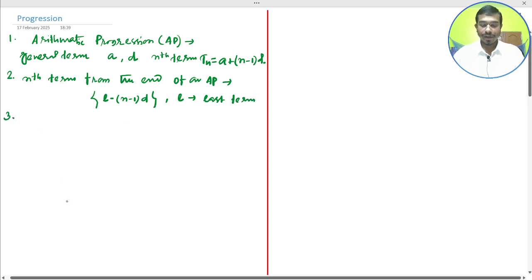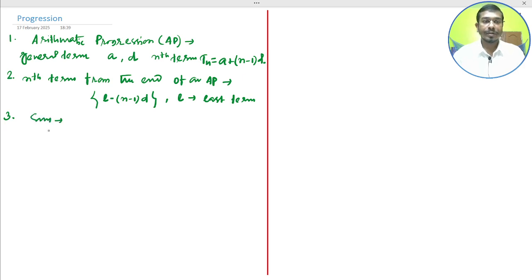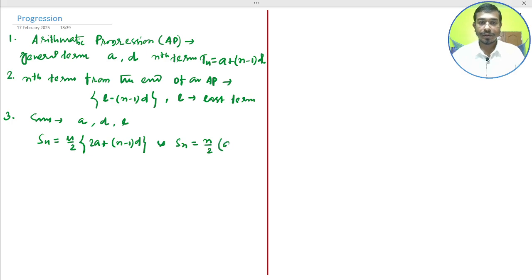Next, sum of n terms of an AP. First term A, common difference D, last term L. So, the Sn would become n by 2 into 2a plus n minus 1 into D. And if there is the last term L, then it would become Sn equal to n by 2 into a plus L, first term plus last term.